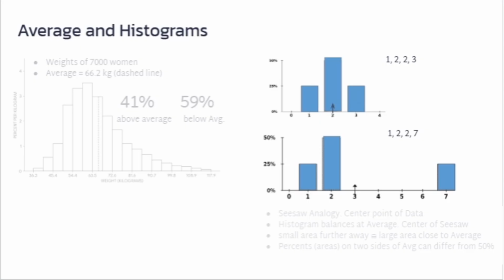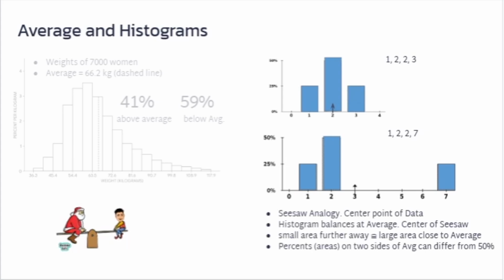So what we see here is that it really helps to imagine a histogram like a seesaw. Then you can see the histogram is balanced at the average point. A small area which is falling far away from the average can balance a large area closer to the average.